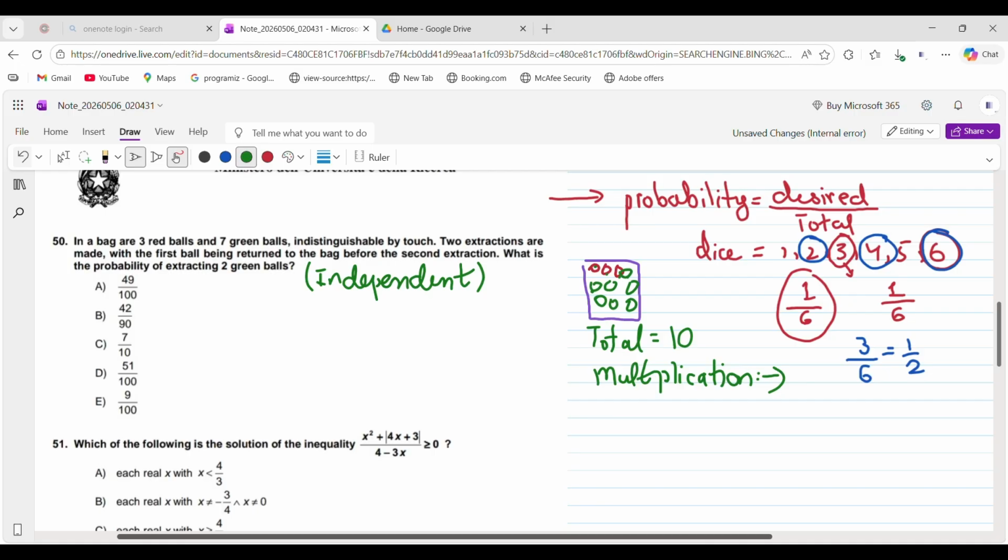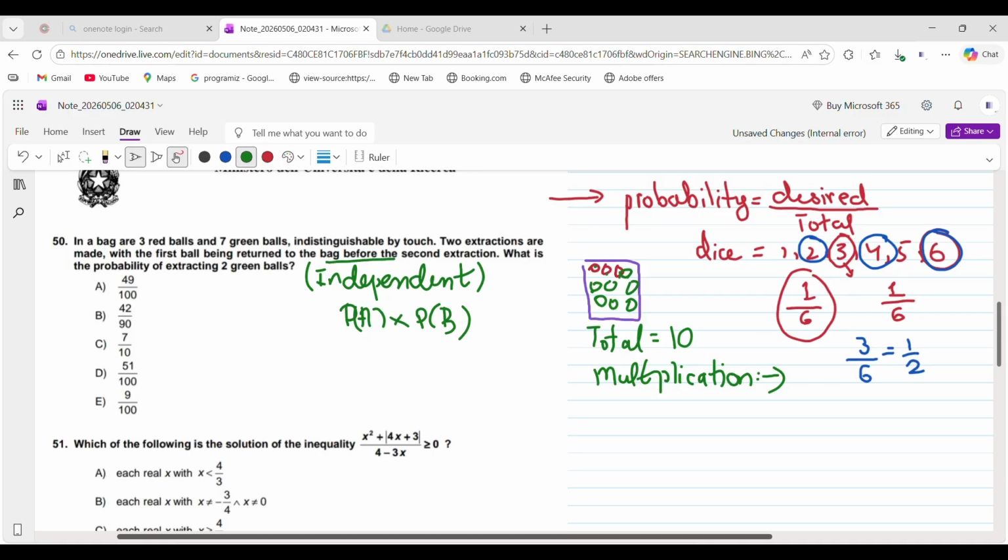When we talk about multiplication law, we always talk about independent events or dependent events. The formula for finding the probability of independent events is probability of A event multiplied by the probability of B event. This is the formula for independent events, when two events are not affected by each other.